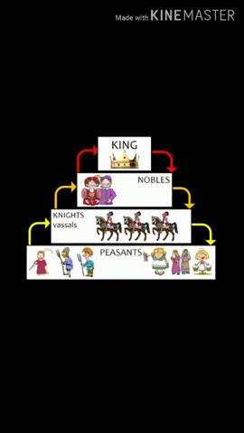Now, the nobles gave land to knights. Knights are those people who are going to fight in the army, the soldiers in a way. So the nobles gave land to knights in return for fighting battles. The nobles thus became the lords to the knights. Obviously, they are giving them land.